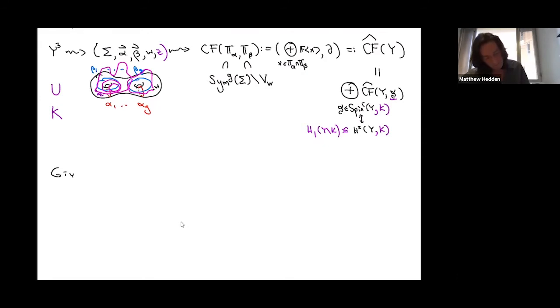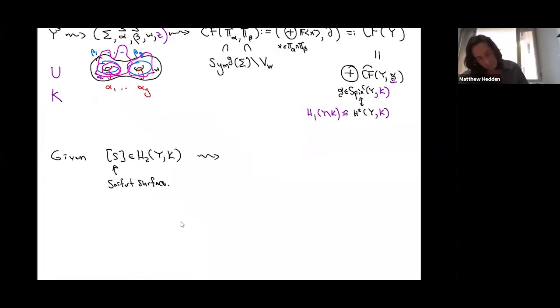So given a relative homology class of a Seifert surface, I can define a grading called the Alexander grading on this complex.